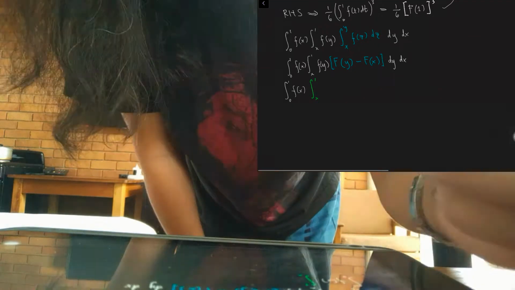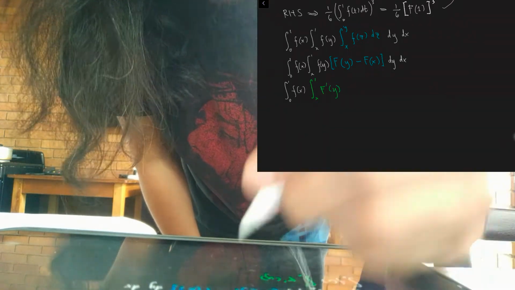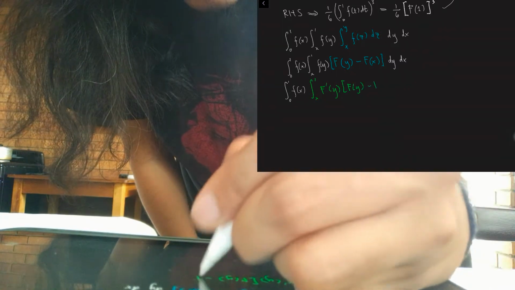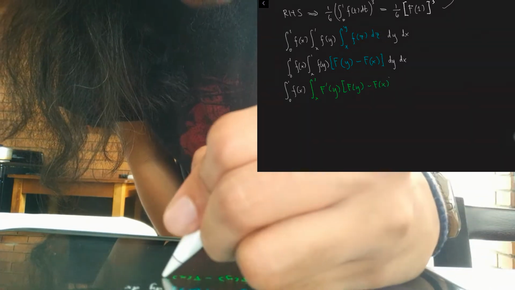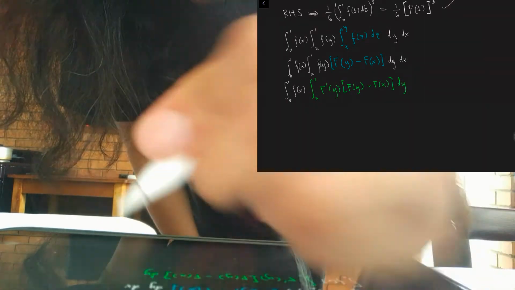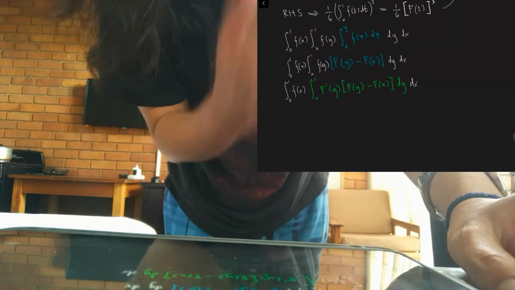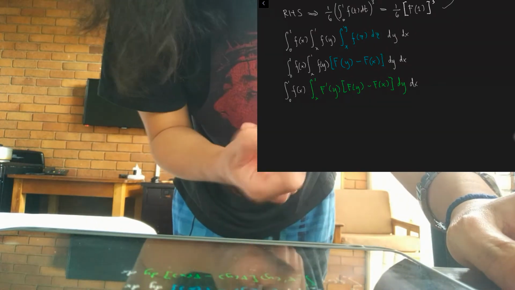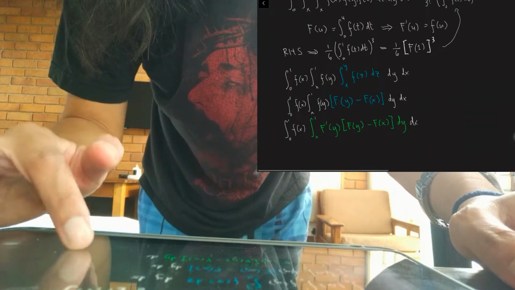So therefore, let's write that down here already. This is F prime of y multiplied by capital F(y) minus capital F(x), and then dy, and then you have dx. And again, we're integrating with respect to y. So from the point of view of y, all the other variables like x in this case is just a constant. Okay, let's continue the push-up.